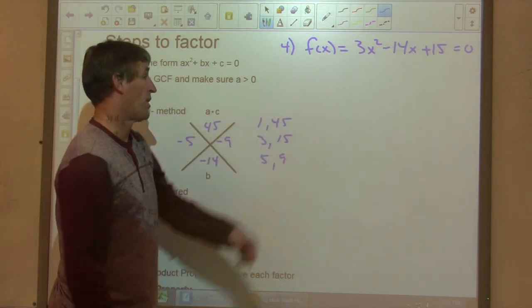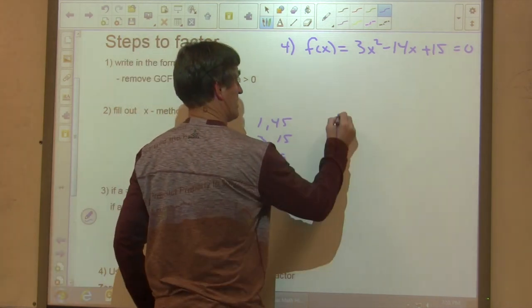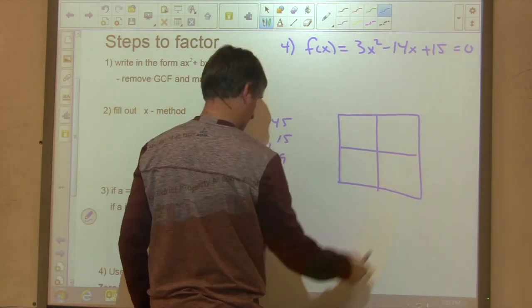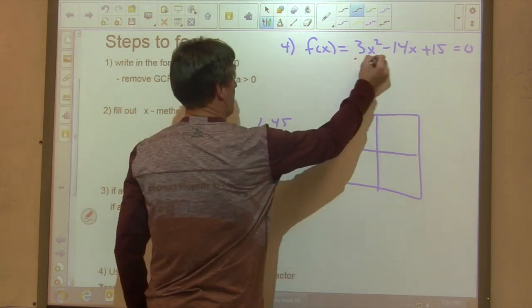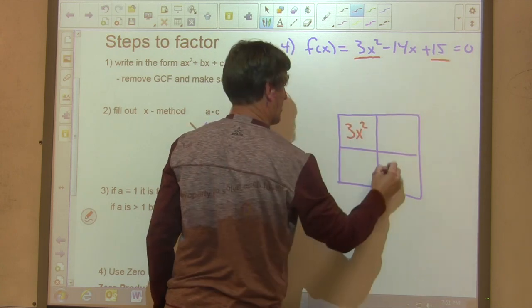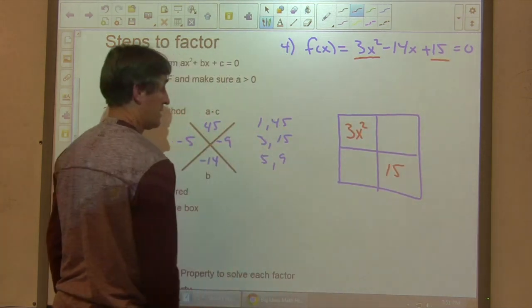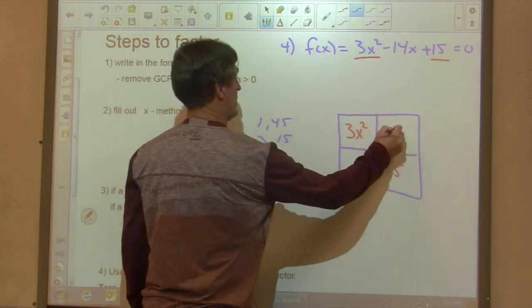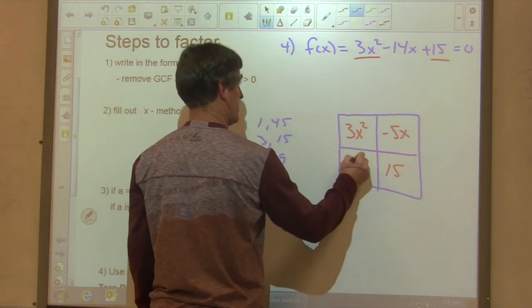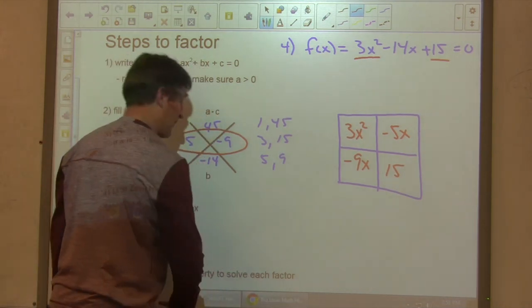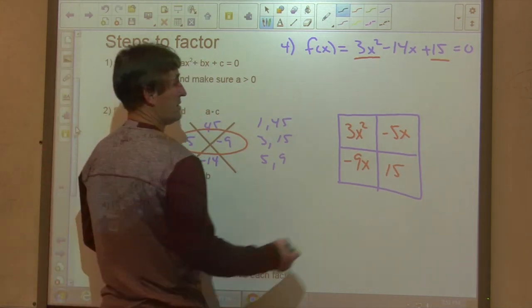Our a is not 1, so we have to build the box. First term, first box. Last term, last box. And then these fill the other two. So negative 5x. Negative 9x. We pull out the greatest common factor.